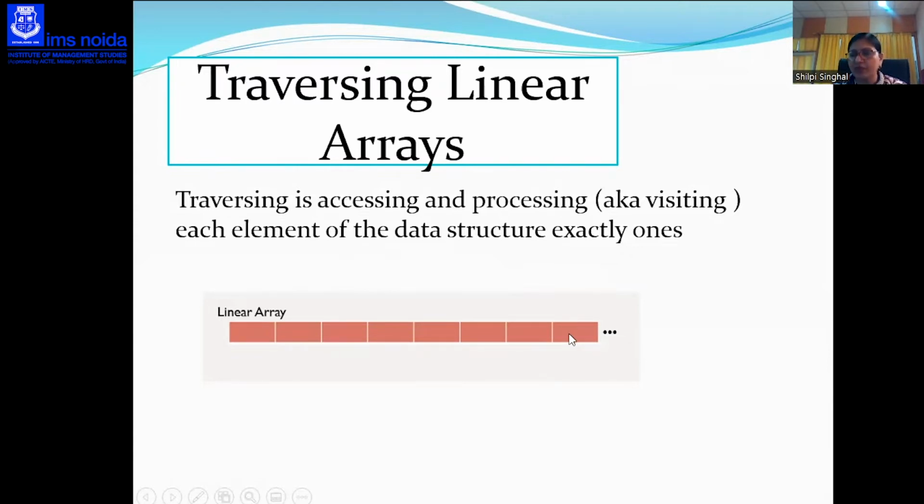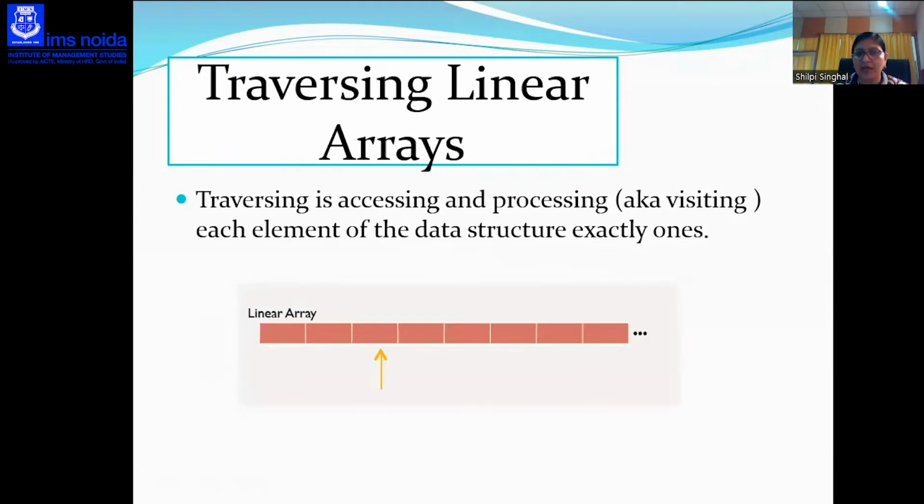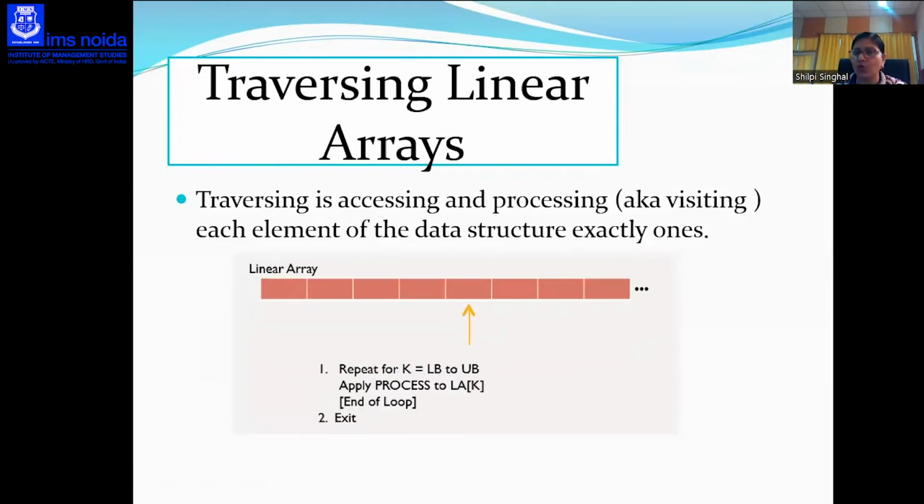If I want to traverse its elements, what do I have to do? I start from the leftmost corner, that is the lower bound of the array, and move to the right side like this. The first element is accessed, then we move forward, the second element is accessed, then third, fourth, and so on.